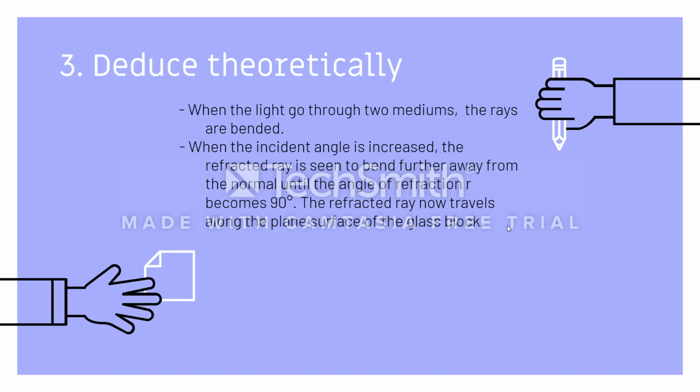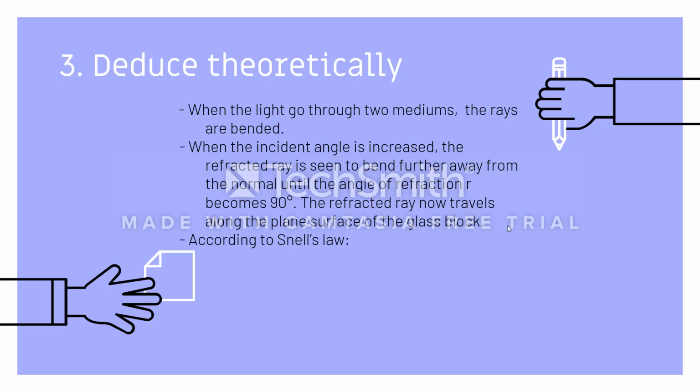The angle of incidence in the glass block at which the angle of refraction in air is 90 degrees is known as the critical angle C.